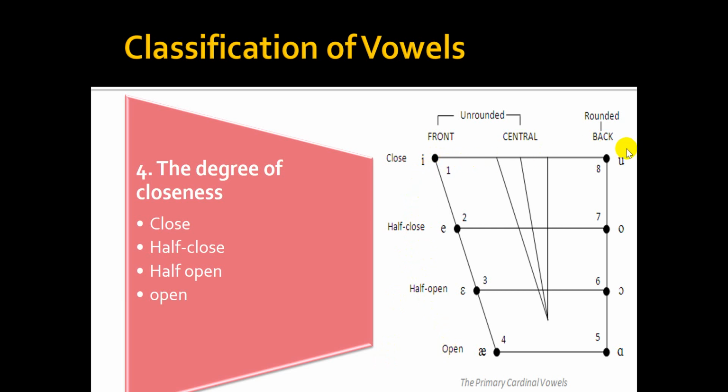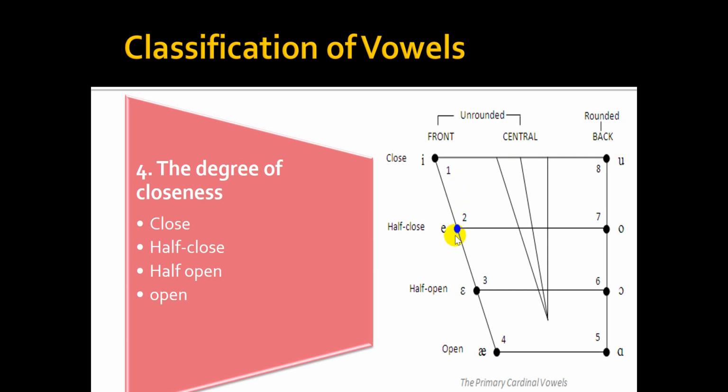In close, it means the distance between the upper part of the mouth and the lower part of the mouth is very little. Try to produce the sound "oo" and then check the closeness of the upper part and the lower part of the mouth.